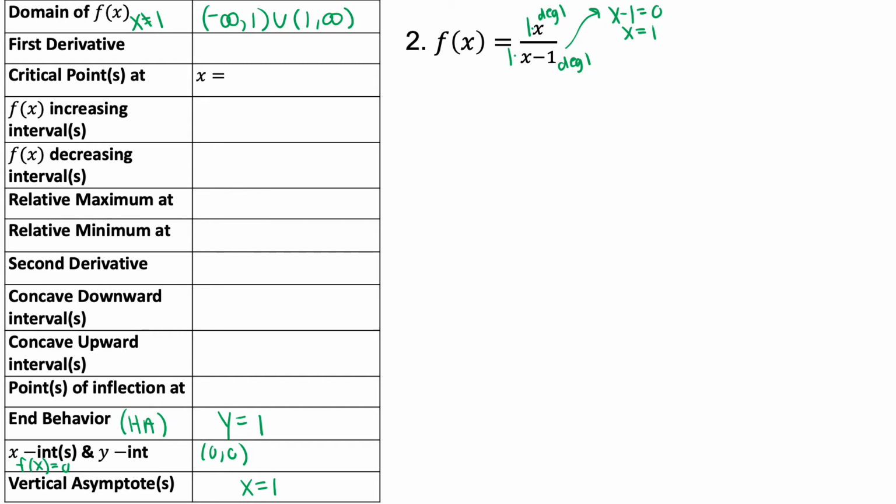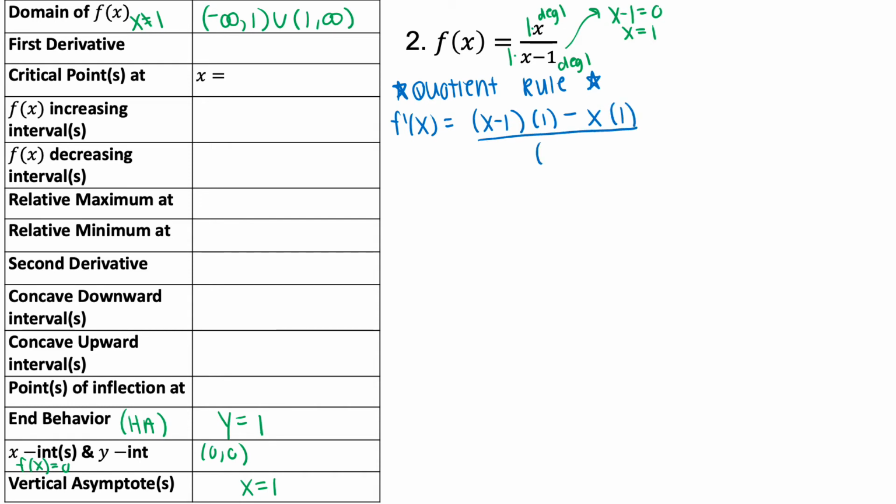Now it's time to take our first derivative. And in order to do that, because we have an x in our numerator and an x in our denominator, we need to use the quotient rule. Hopefully you remember the quotient rule. So to take that derivative, we're going to have our denominator, x minus 1, times the derivative of our numerator, which is just 1, minus our numerator x times the derivative of our denominator, which is just 1, all over the denominator squared, (x minus 1) squared.